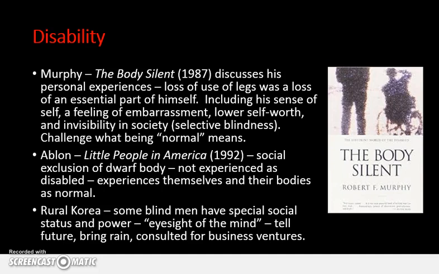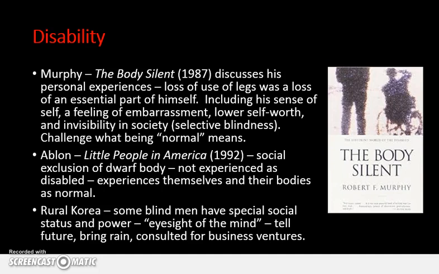And this is seen as losing an essential part of himself. His lower self-worth, his sense of self, he has a feeling of embarrassment, and the selective blindness that he sees all around him, where people aren't acknowledging him as a person. And so this field here starts to challenge what being normal actually means.